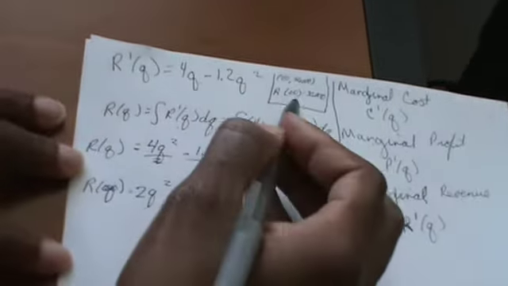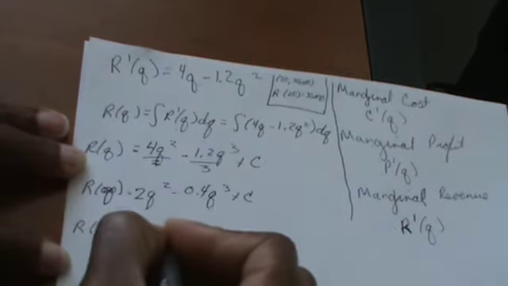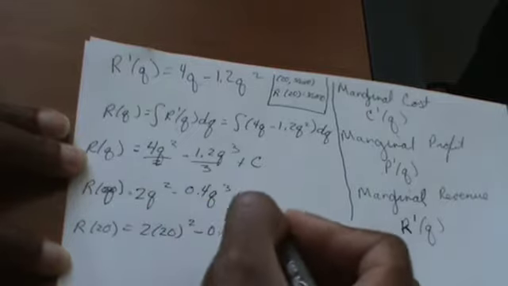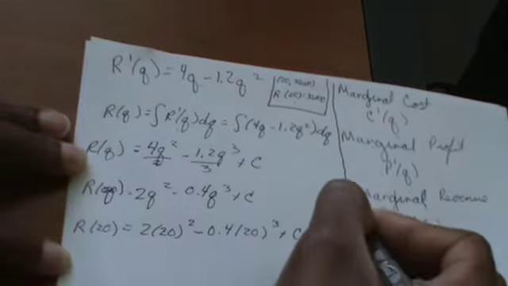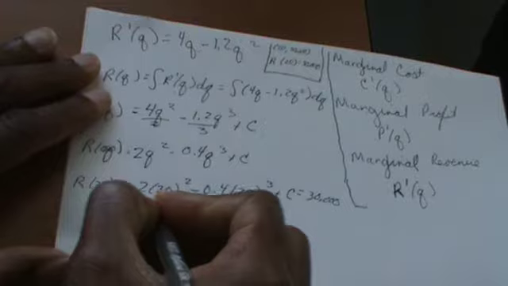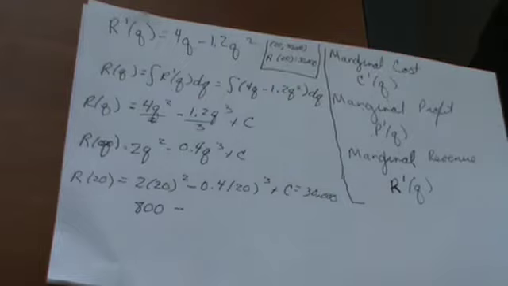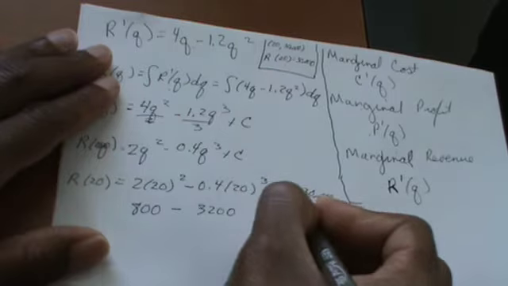So now let's use this initial condition. R of 20 says plug in 20 for all the Q's, and if you do that, you get 30,000 worth of revenue. So let's pull out our calculator. So this is 800 minus 3200 plus C equals 30,000.